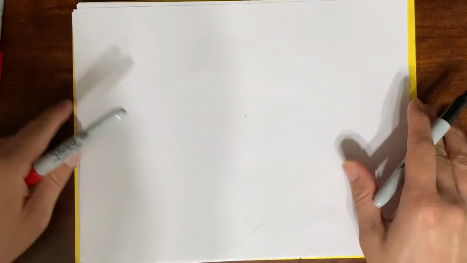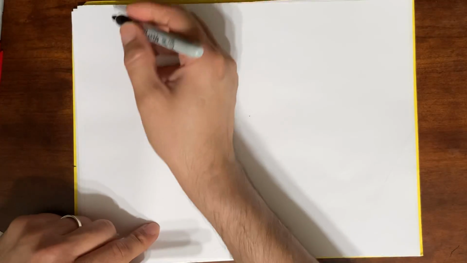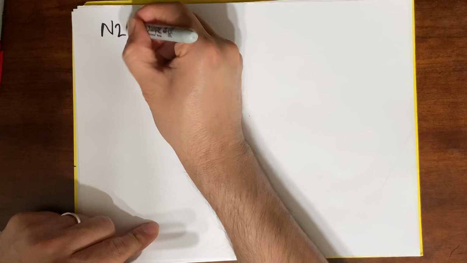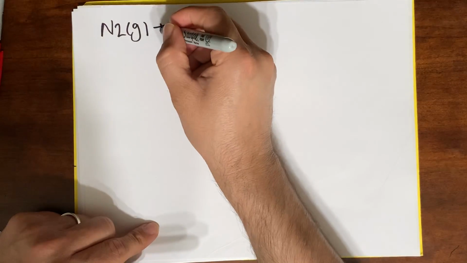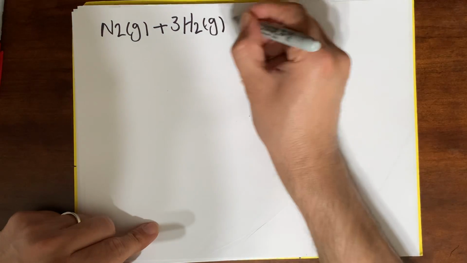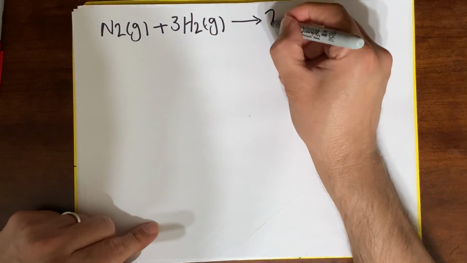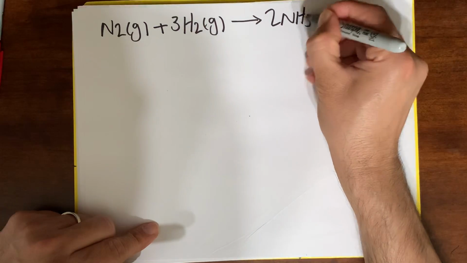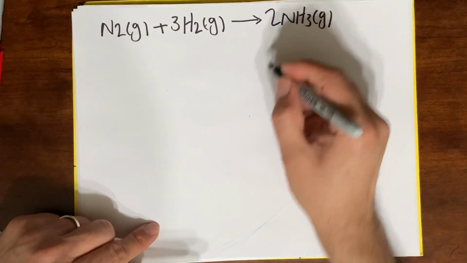We have a reaction: N2 gas plus 3 mole H2 gas gives 2 mole NH3 gas.